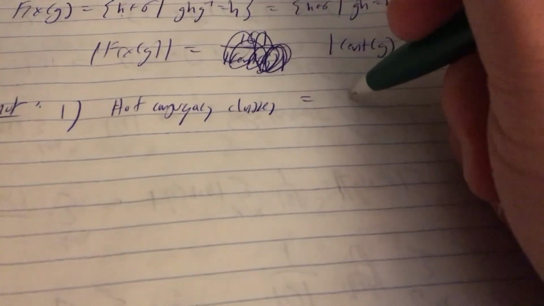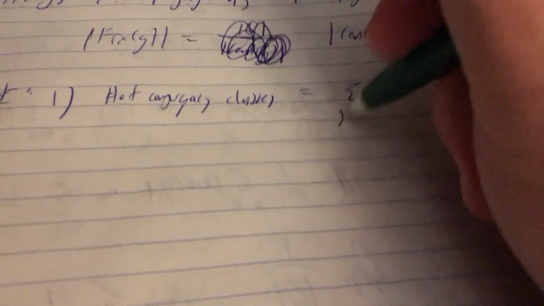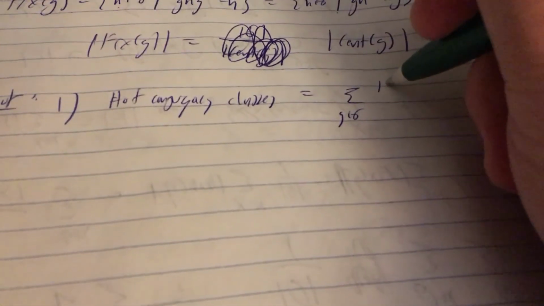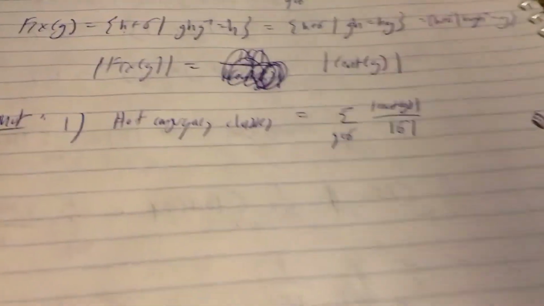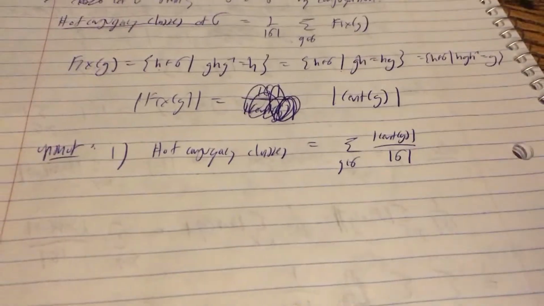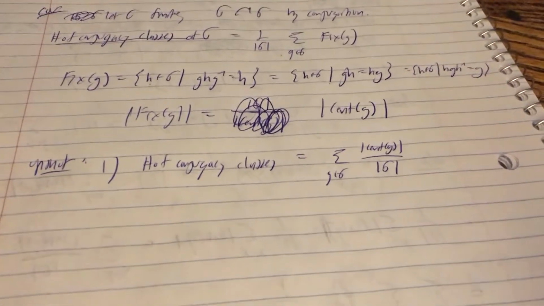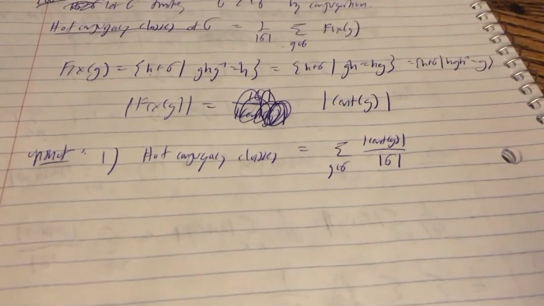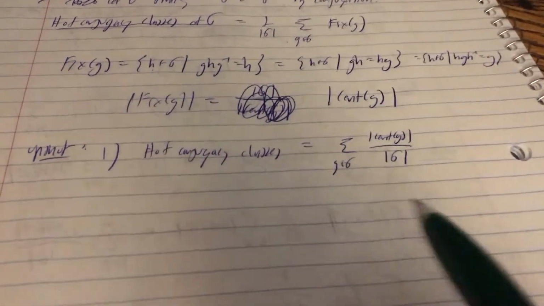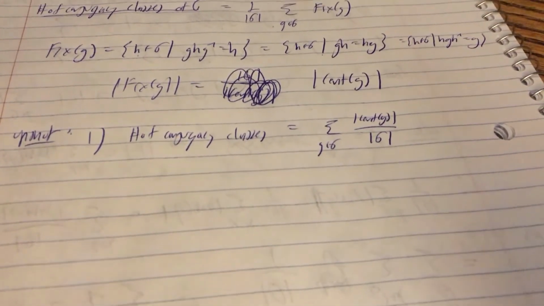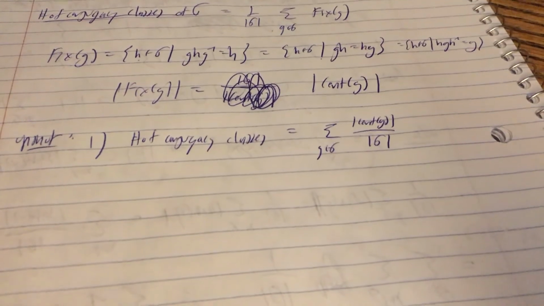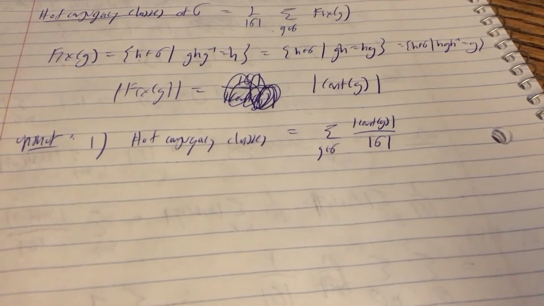There are the sum over g in G of one over the size of the centralizer of g, by taking this equation for fixed G that we had a second ago and combining. Very good.